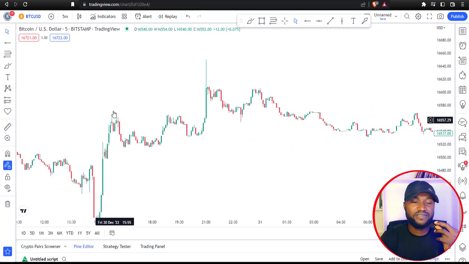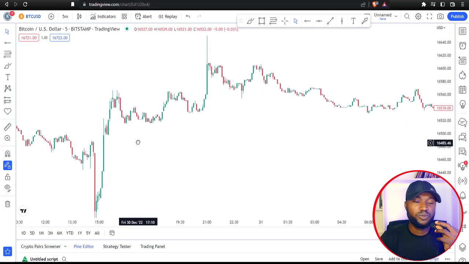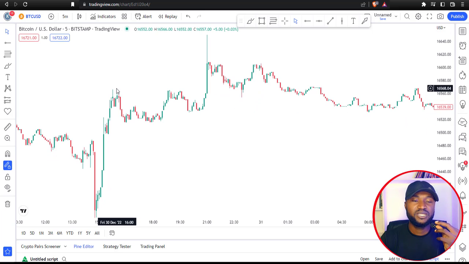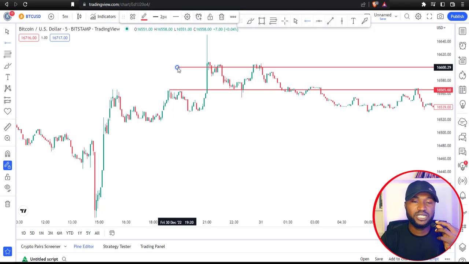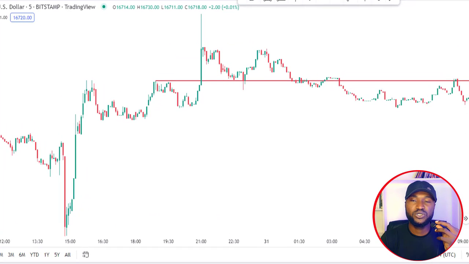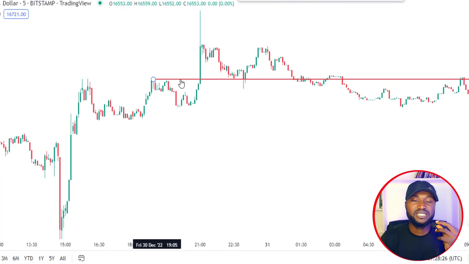So right here we have a little movement from here. We pushed up to this level, and then we have been bouncing around this level. Now let's identify market structure. Right here, market structure was already formed at this level. I told you that if you are identifying market structure, you must use the tail to identify. And then right here we have a break of market structure. Okay, we have broken market structure above, and now our focus is from this movement to this movement.